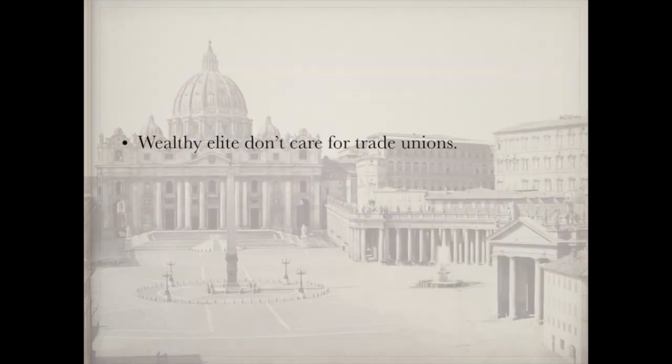So the wealthy elite of Italy don't care for trade unions. Okay, there's going to be another big rift in society, and that's going to be between the wealthy elite and the trade unions. Now, the wealthy elite could be the person who owns the factory or the person who owns the business.